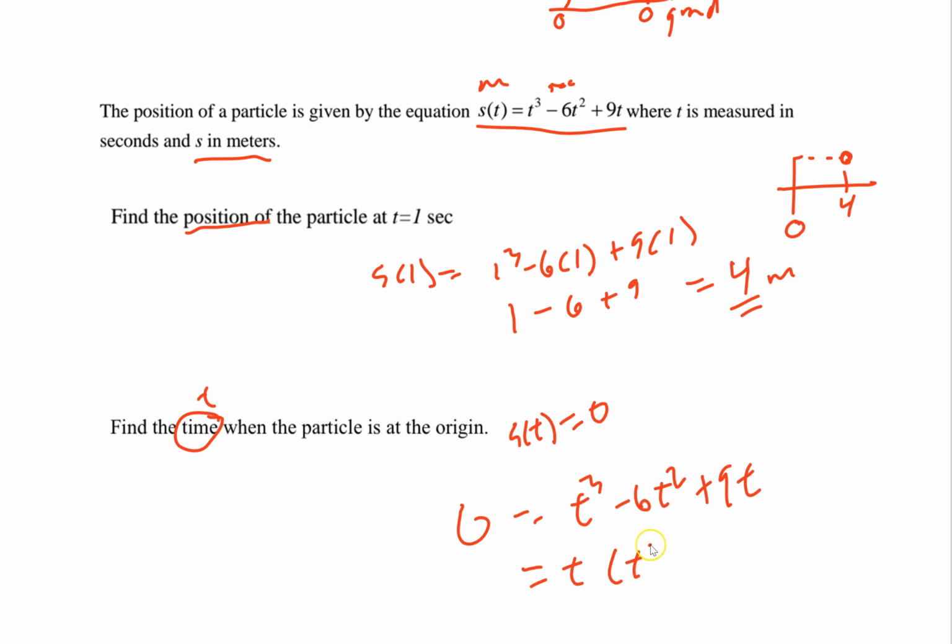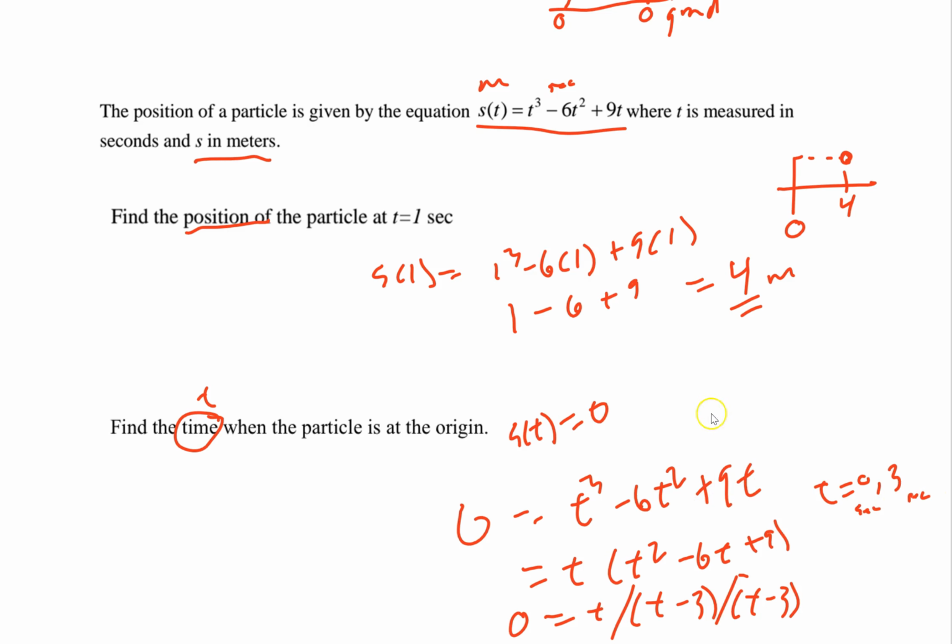You get t squared minus 6t plus 9. That does factor: t minus 3, t minus 3. Split it, and you get t equals 0 and 3. So the particle is at the origin at 0 seconds and at 3 seconds.